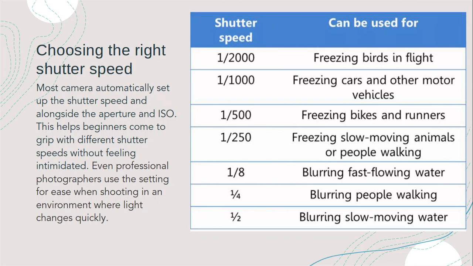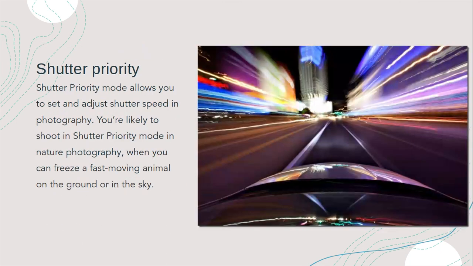So basically, you can use that setting for it, and it goes on and on if you want to read. Shutter priority mode allows you to set and adjust shutter speed in photography. So you're likely to shoot in shutter priority mode in nature photography when you want to freeze a fast moving animal on the ground or in the sky.